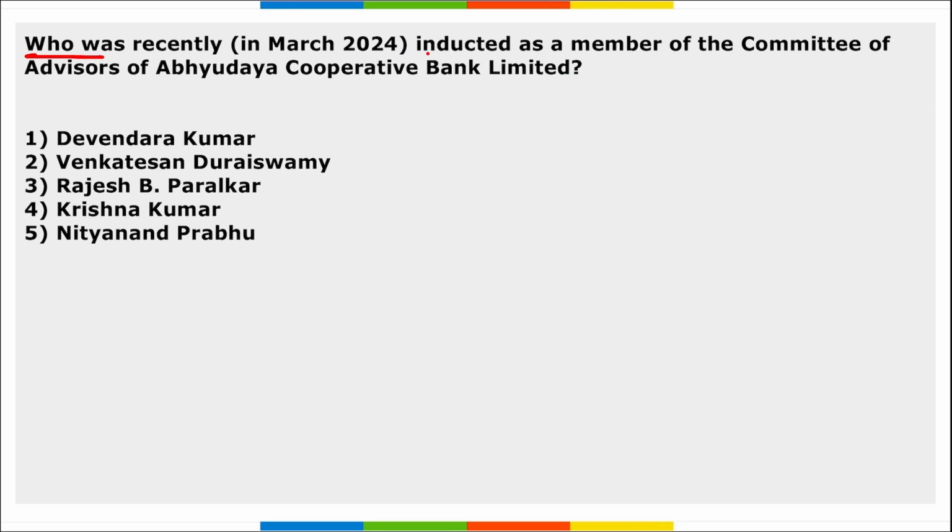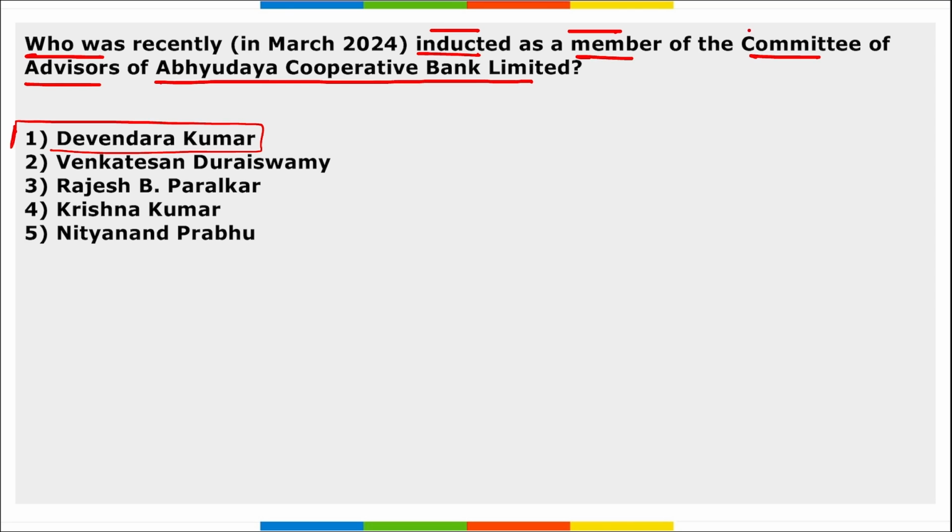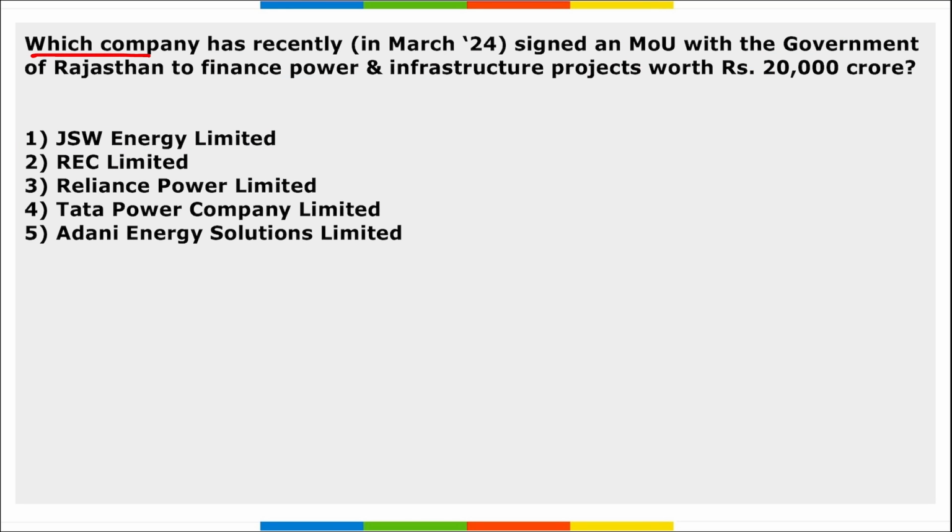Next, who was recently inducted as a member of the committee of the advisors of Abudaya Cooperative Bank Limited? So Devendra Kumar, right? Devendra Kumar was recently inducted as a member of the committee of the advisors of Abudaya Cooperative Bank Limited. Next, which company has recently signed an MOU with the government of Rajasthan to finance power and infrastructure projects worth 20,000 crore rupees?